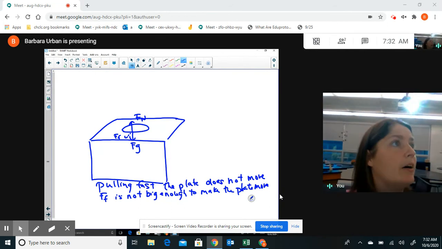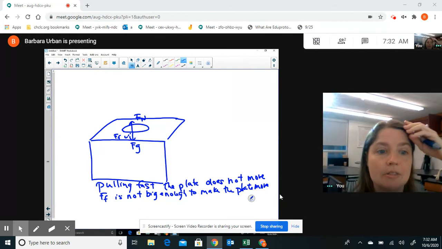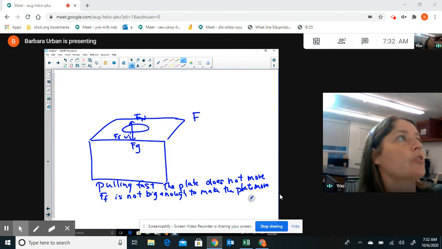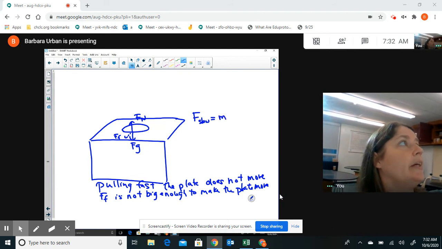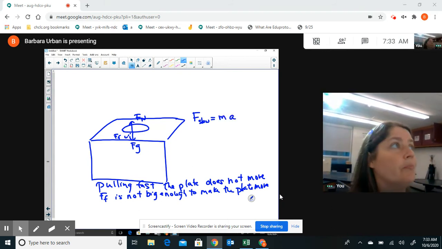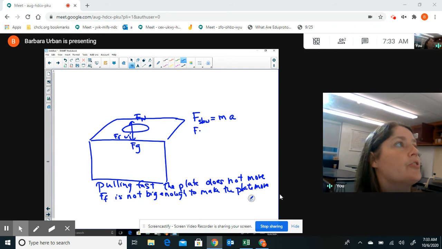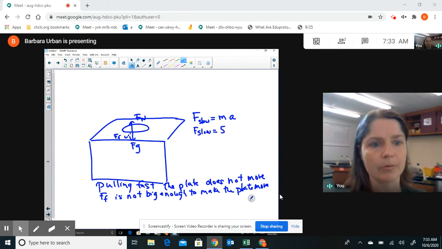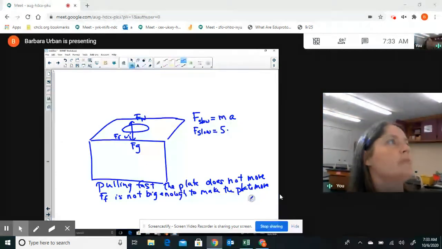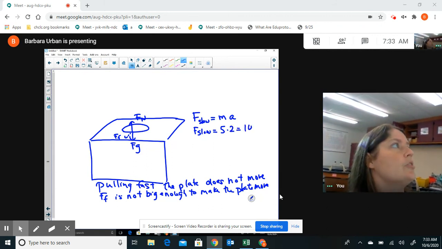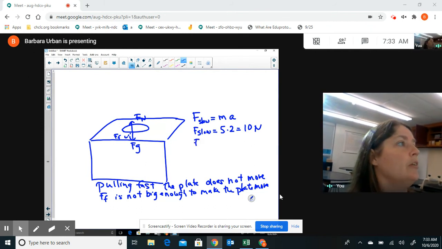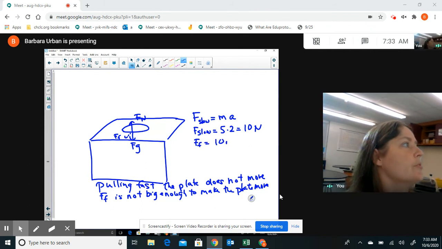So if we think about, say, the plate, I gave this example in the Google form, the force when we're moving it slowly is equal to the mass of the plate times its acceleration. So force slow is equal to the mass of the plate, and in the video I said it was a 5 kilogram plate, which is crazy heavy, but that's okay, times its acceleration, which was 2. So 10 newtons. So that means the force of friction had to be 10 newtons.